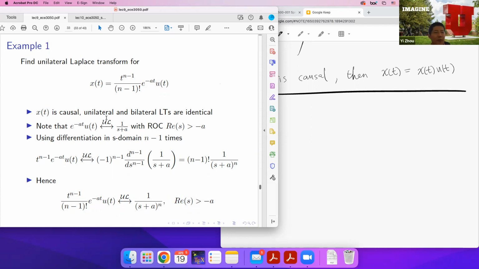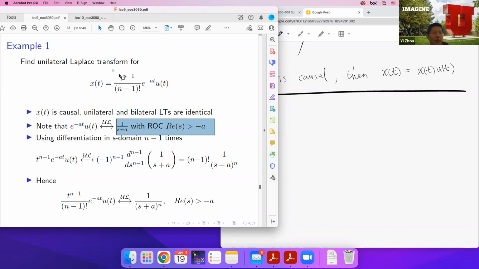So to summarize, the trick is that first of all, we observe the signal is a causal signal. So the unilateral and the bilateral Laplace transform are identical. So in the end, we just need to figure out the normal Laplace transform. And then we start with the basic signal. For this one, we know the normal Laplace transform corresponds to this.